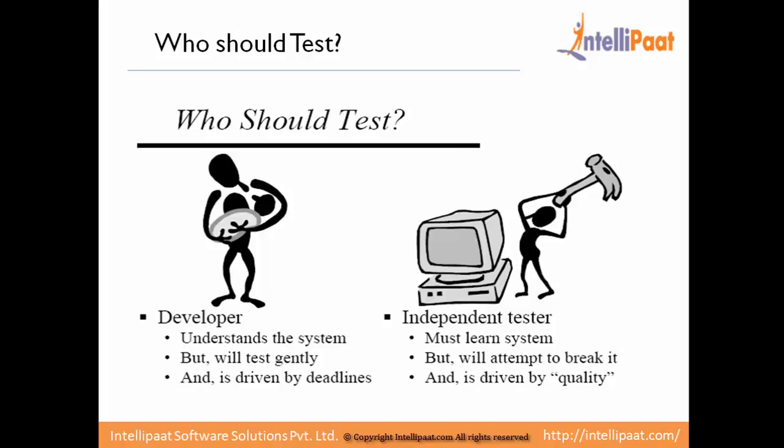Whereas for the tester: the tester must learn the system under test, will attempt to break the software, and is driven by quality. Now, the aspects of the developer and tester are very different. Like it is said, the developer has a make attitude, but the tester has a break attitude.